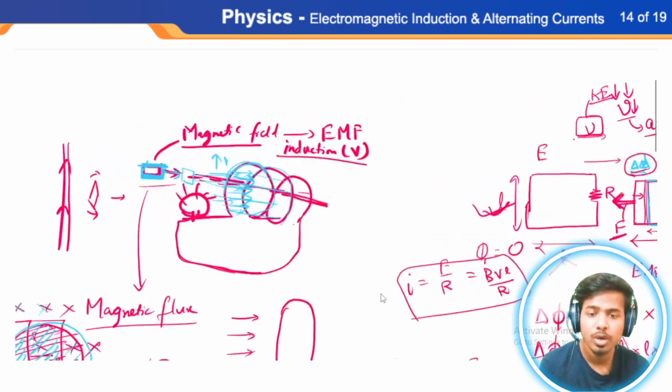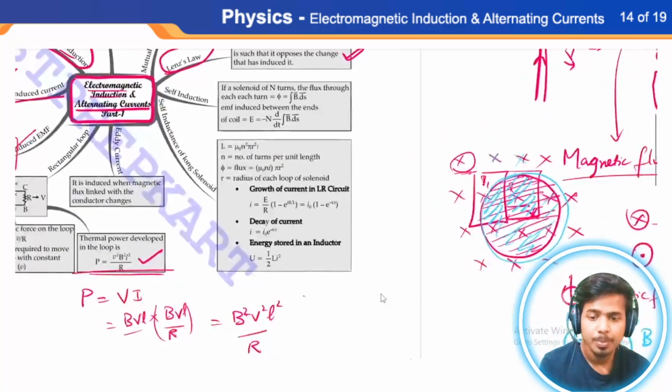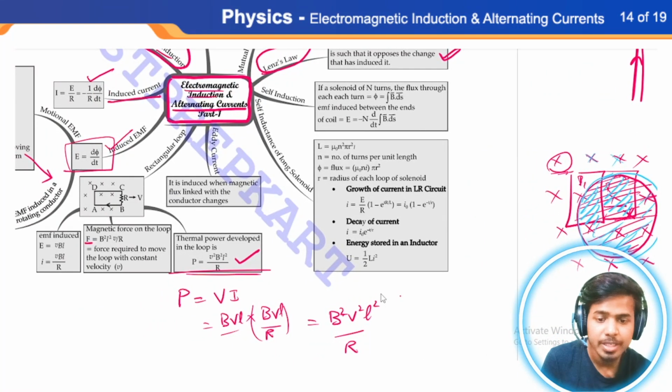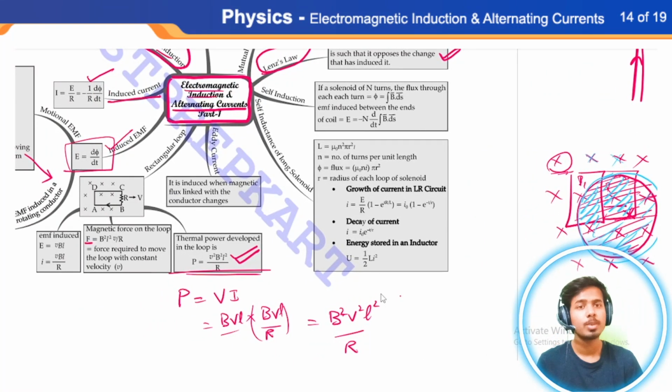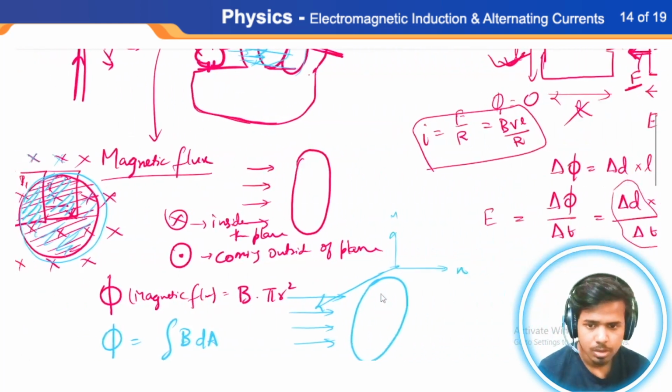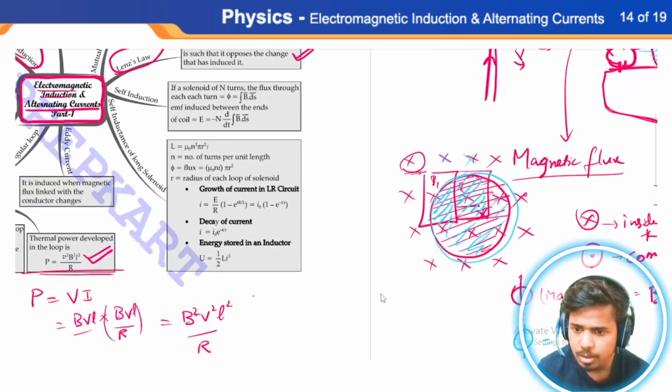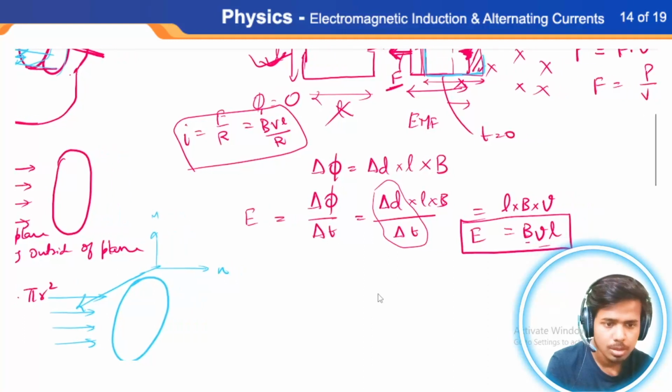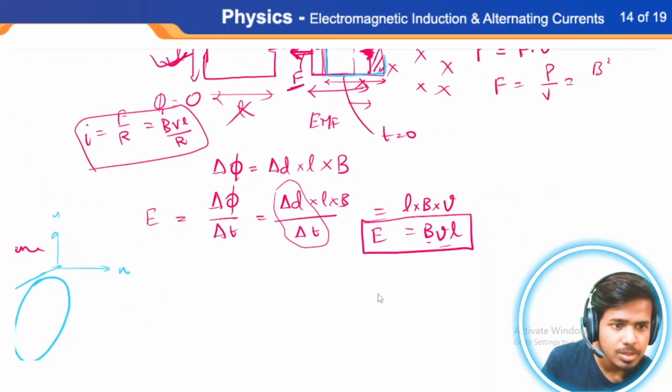And power we had already talked about, that the power consumed by the loop in the form of heat is this one. Then what is the power lost by the loop in form of kinetic energy? It should be the same as per the law of conservation of energy. The power consumed by the loop should be equal to the power lost in the form of kinetic energy. So B square v square l square upon v.